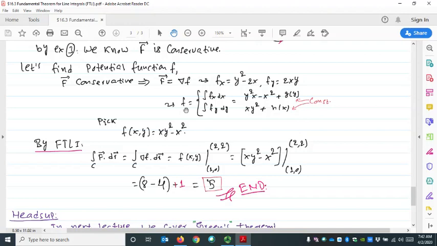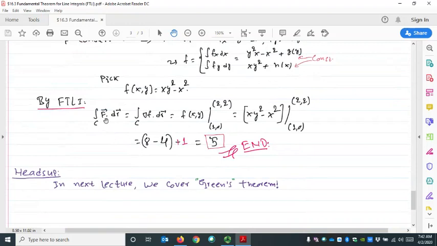And pick f of x, y equals y squared x minus x squared. We don't take those constants, we assume those constants are 0. This is true for any arbitrary constant, and we pick that constant to be 0 without loss of generality. Okay, so let's use the fundamental theorem of line integrals to evaluate this line integral.